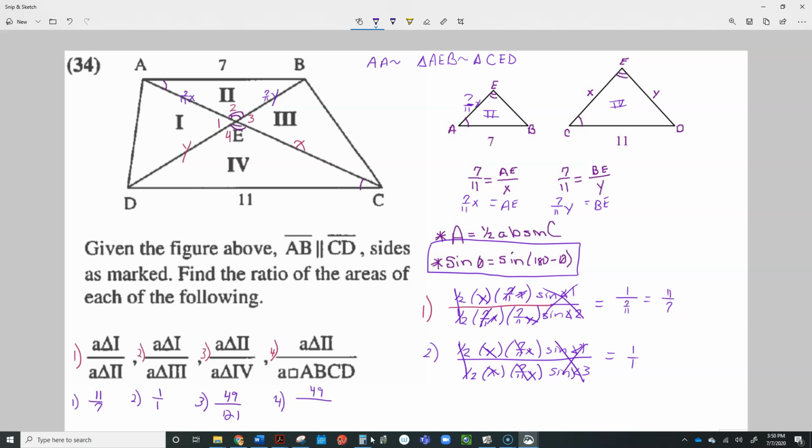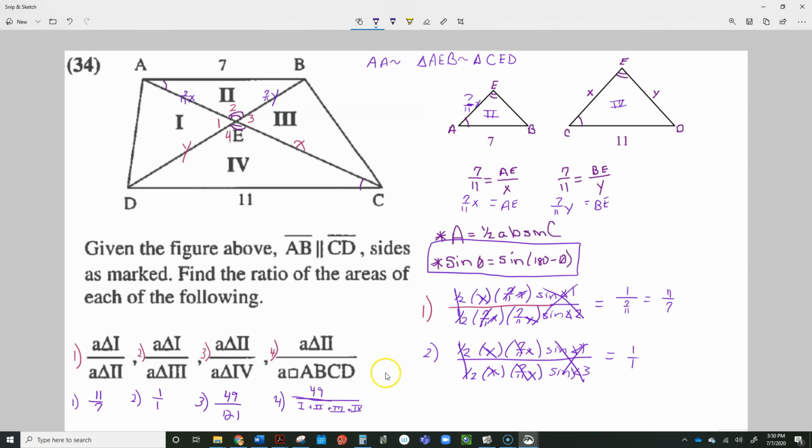We take the 11 down here and square it. Now, for this four-sided figure right here, this quadrilateral, if we add the areas of all three of those, then we will get the area of that quadrilateral. So we'll do shape 1 plus shape 2 plus shape 3 plus shape 4.